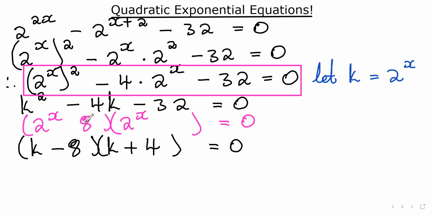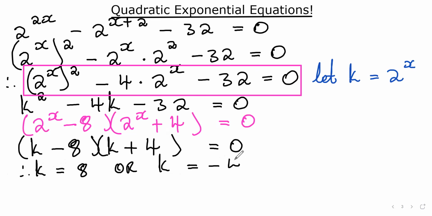And then you say, well, factors of 32 will be 8 and 4. And once again, you'll have this, and then you will have that. All right? But assuming that you're proceeding with the k substitution method, then this is what you're going to say.